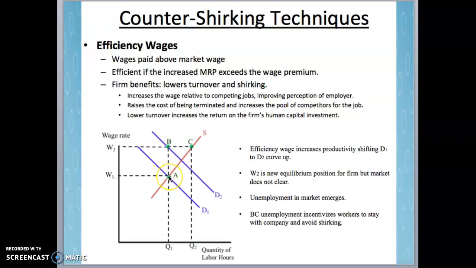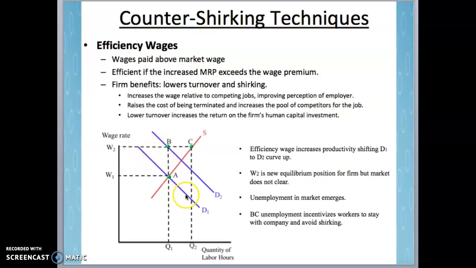And so the way that's represented in our model is the demand curve for the worker shifts up as the worker becomes more efficient, more productive. So again, if we start out here at $12, and let's say McDonald's and In-N-Out are both hiring at that rate, and then In-N-Out says, no, we're going to pay $15, but as a result of that, the workers become $3 more productive, then the demand curve shifts up.